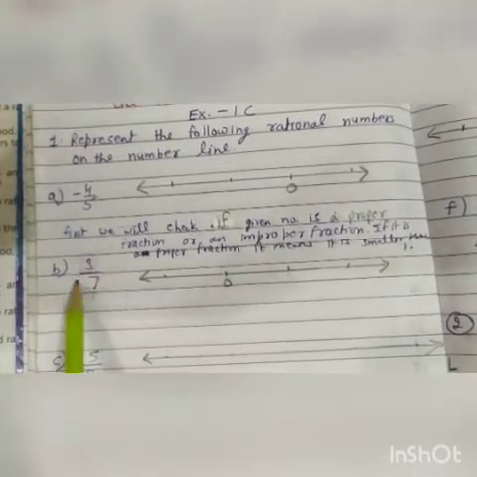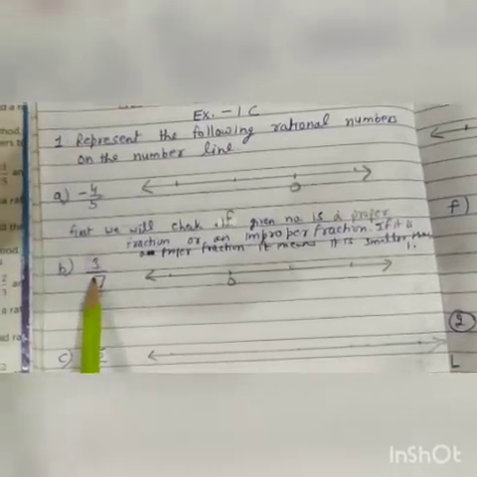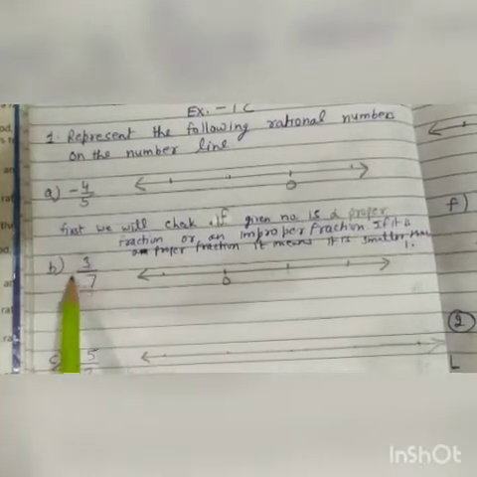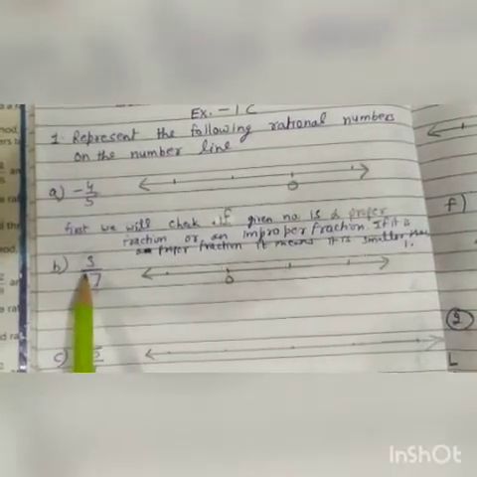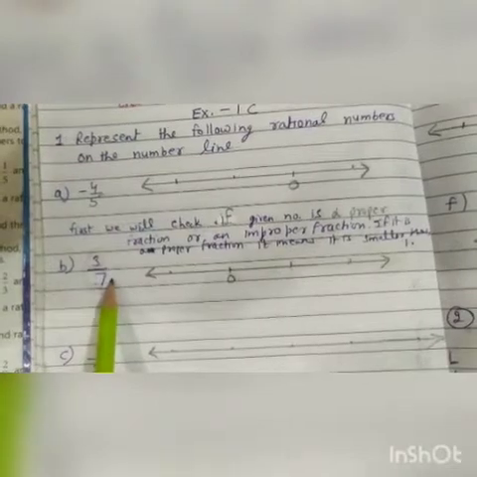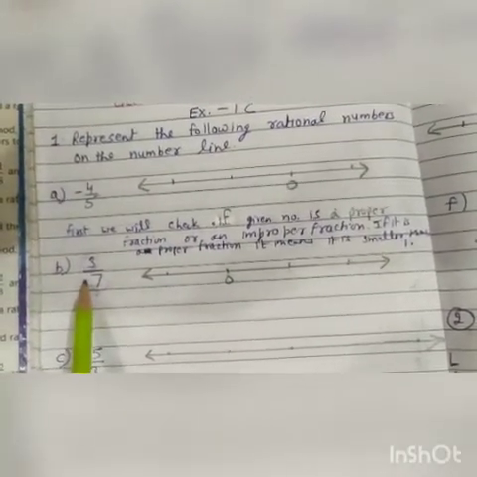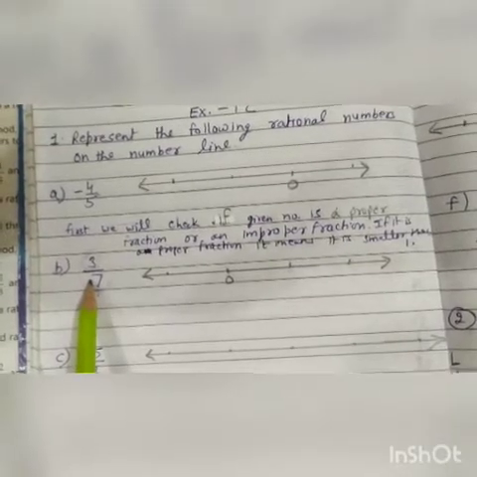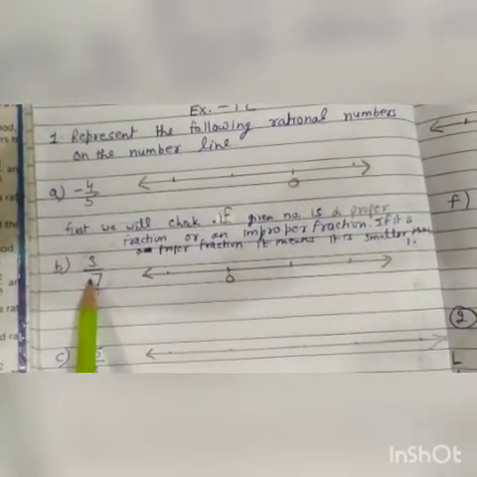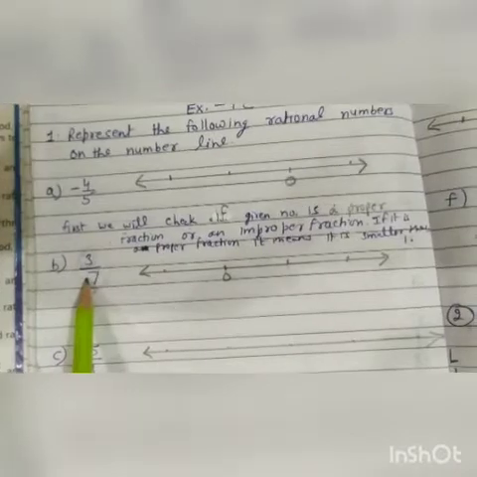It is smaller than 1 and greater than 0. So this number will lie between 0 and 1, and it will be represented between 0 and 1.